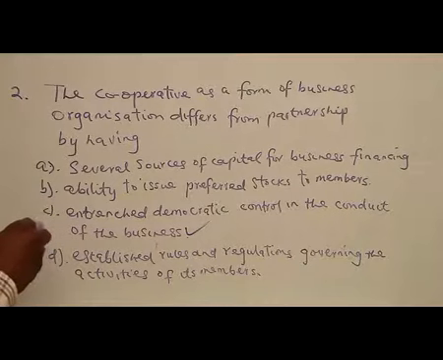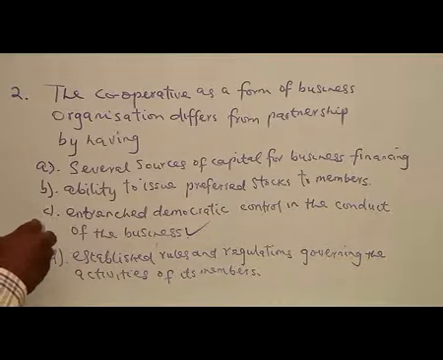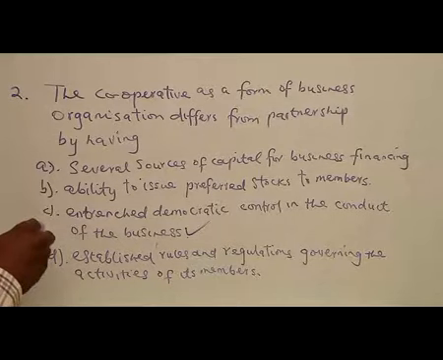But in C, we are talking about control. In partnership, there is nothing like element of democracy when they are trying to have the management. But in cooperative, that one is applied. Democracy is applied in cooperative society, where we say one man, one vote. In partnership, there's nothing like one man, one vote.